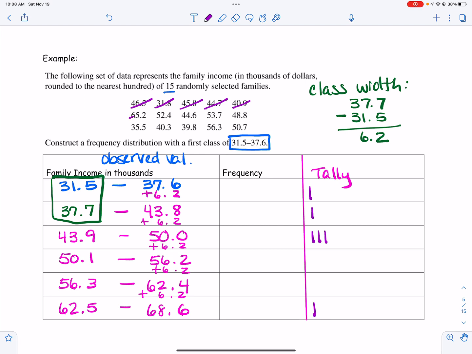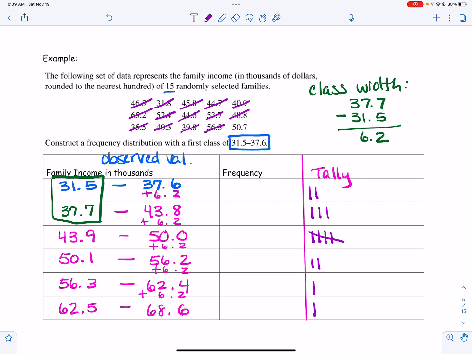65.2 is down here. 52.4. 44.6. 53.7. 48.8, that gives me 5 now there. 35.5 is in the first group. 40.3 is in the second. 39.8 is in the second. 56.3 is in the 1, 2, 3, 4, 5.